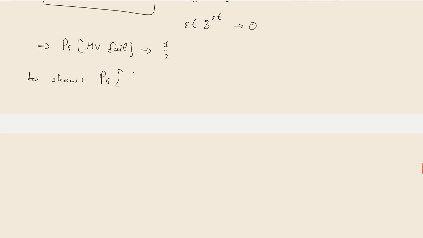So, okay, we can rewrite that x is between t1/2, and the expected value is just t times p, and p was 1/2 plus epsilon. And we wanted to show that this is this strange term epsilon t, 3 to the epsilon t.